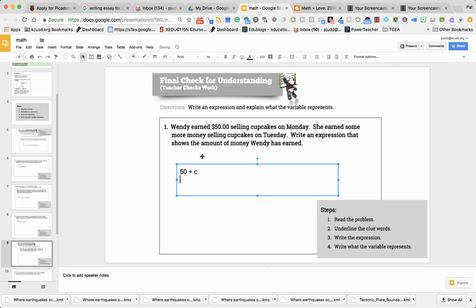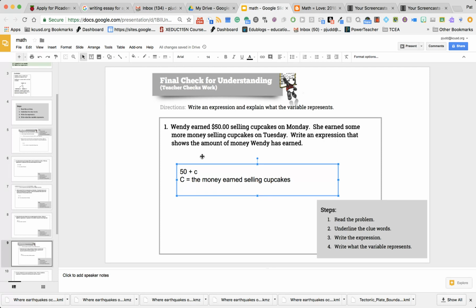And for explaining, C equals, or C represents, the money earned selling cupcakes. Now, you could have used a different variable. You could have put T for Tuesday, or you could have put W for Wendy.